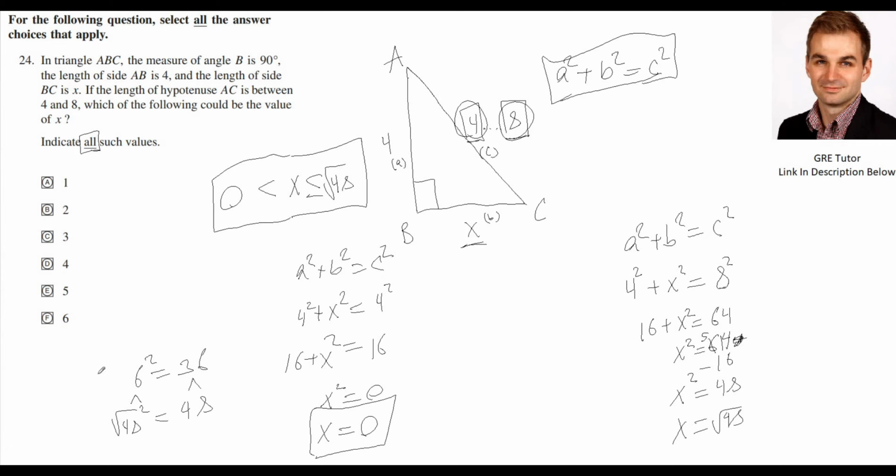Alright, so it turns out that 6 is going to be less than whatever the square root of 48 is. So now we know that every single one of these numbers fits, 1 through 6. So our answer is going to be A, B, C, D, E, and F, or all answers.